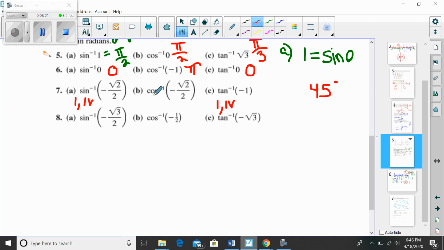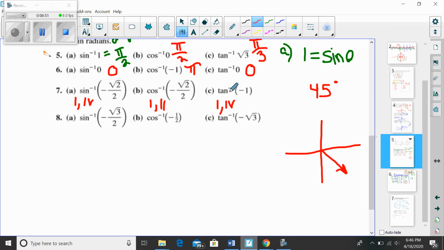Right, and cosine has been restricted to quadrants 1 and 2, which means that the output that I'm going to get from my inverse cosine function has to be either a first or second quadrant angle. So both sine and tan are positive in the first quadrant, negative in the fourth quadrant. And so here's what's tricky.